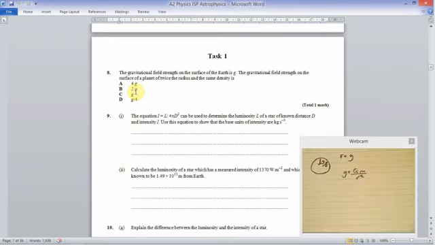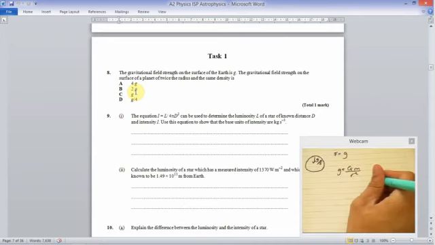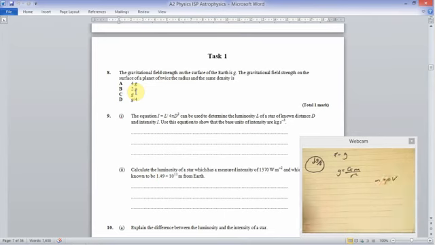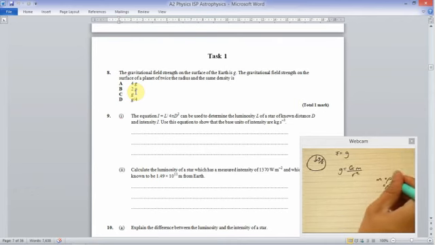It's not as straightforward as that. The idea is that mass is equal to density times volume, so therefore the radius is going to affect the mass as well. So what you actually end up with is density times 4 over 3 pi r cubed.